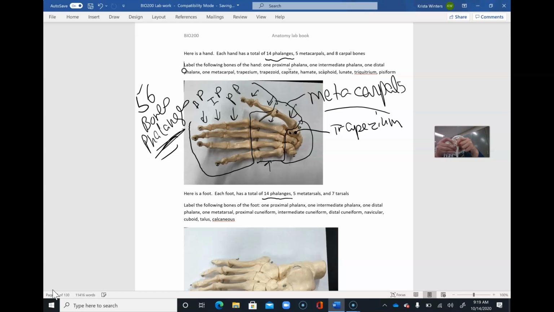I have it, hopefully you can see it, right there. This is your trapezoid.